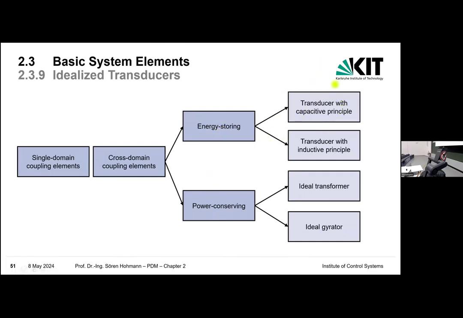Then energy storing may have a capacitive principle and an inductive principle. Power conserving might be an ideal transformer or an ideal gyrator. We learn a little bit about that. And last but not least, I should add, there's a last principle which transduces also, which behaves a little bit differently. It's the piezoelectric.